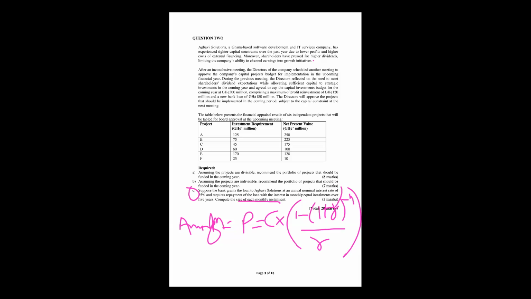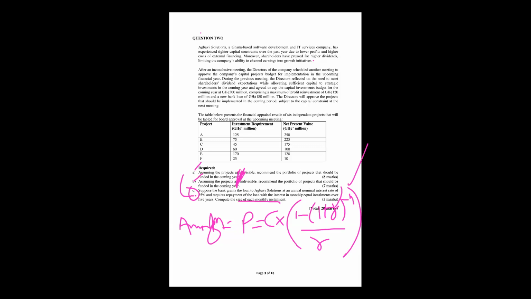I remember when I was solving this question, I solved the C first, because of all these ones, they were going to take my time. So the first thing I will do is solve the C first and write the amortization formula down.